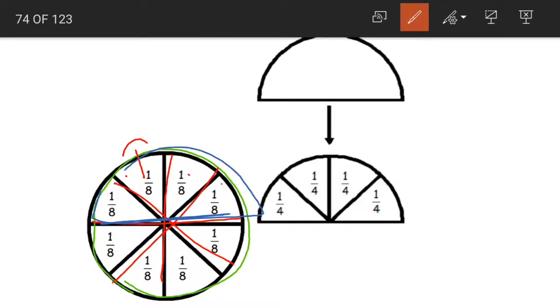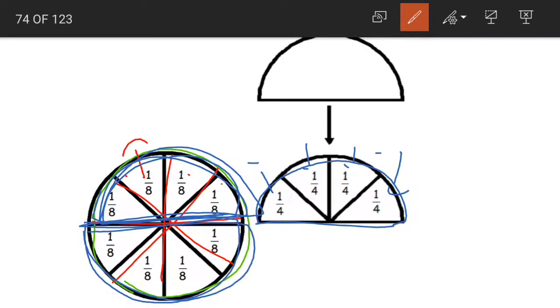We are taking only half of the watermelon. Now if we consider only this half, each part becomes 1 by 4. But if we consider from the whole, there are 4 more parts. So each part becomes 1 by 8. Understood, children? We took the half of the watermelon and divided it into 4 equal parts.